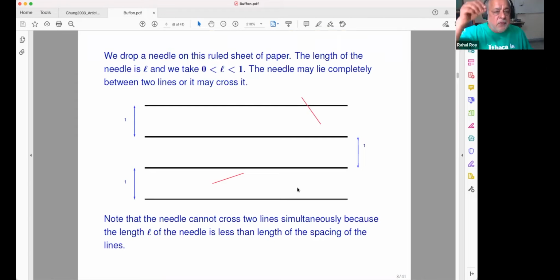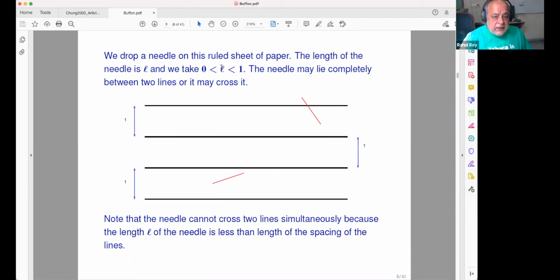And now we drop a needle on this ruled sheet of paper, and the length of the needle is some L, which is strictly between 0 and 1. So it is smaller than 1. So what can be the positions of the needle? The needle can either intersect one line, or it can be between two lines.